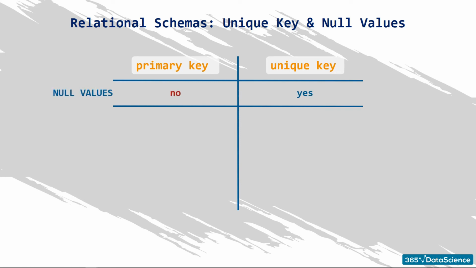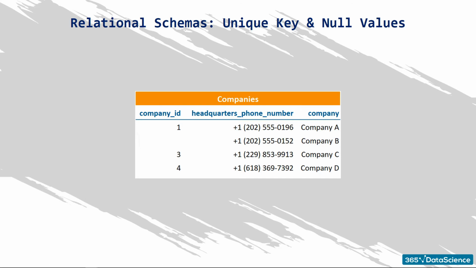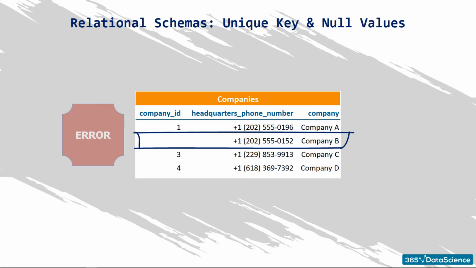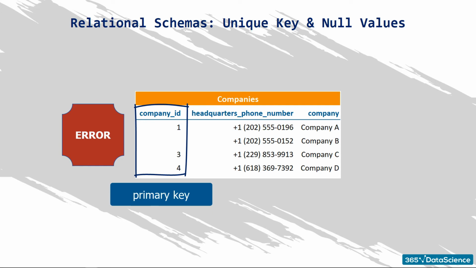Meaning, if we don't know the headquarters phone number of company D, we can still have this record and our table will be functioning as part of the relational database. However, it won't give us information about the phone number of company D. If instead, we remove number 2 as company ID and leave the name company B and the relevant phone number, SQL will display an error message because company ID is a primary key and we are obliged to provide data in every row of this column.